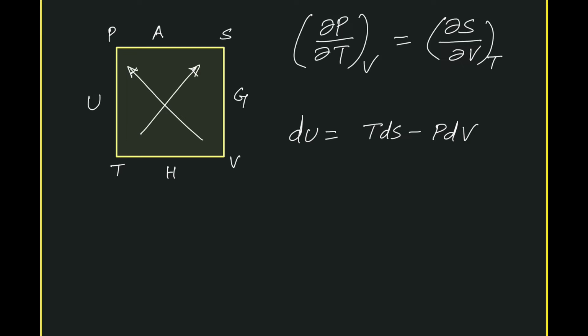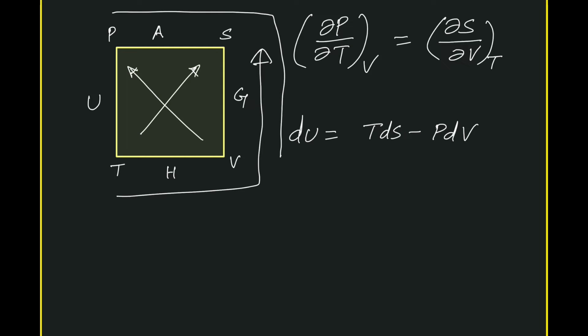Now we are going to obtain the Maxwell relation corresponding to dU. For doing that, for this U, we are going to make a box-like structure, say for U, and one more such line.